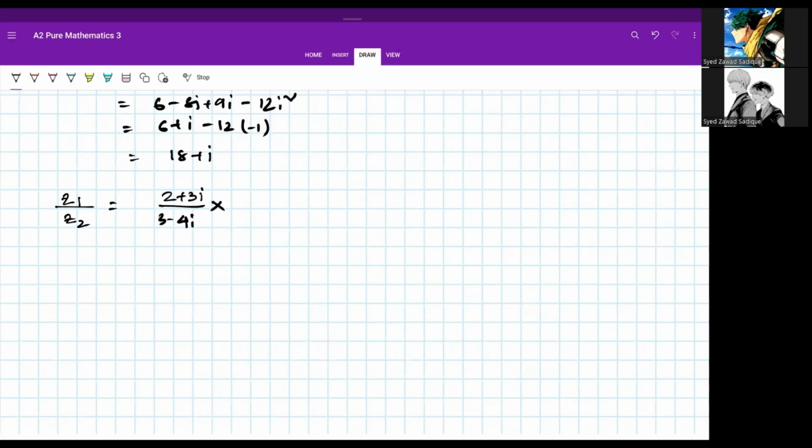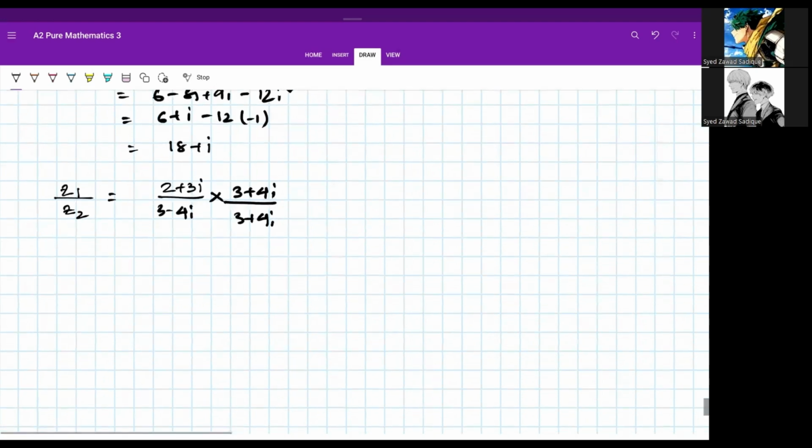Now we have to multiply with the denominator's conjugate pair. So what's a conjugate pair?